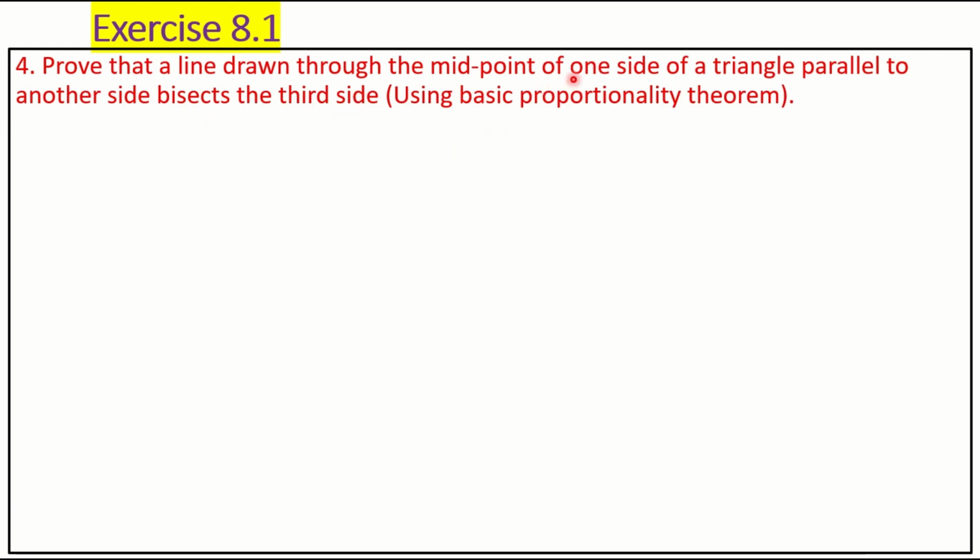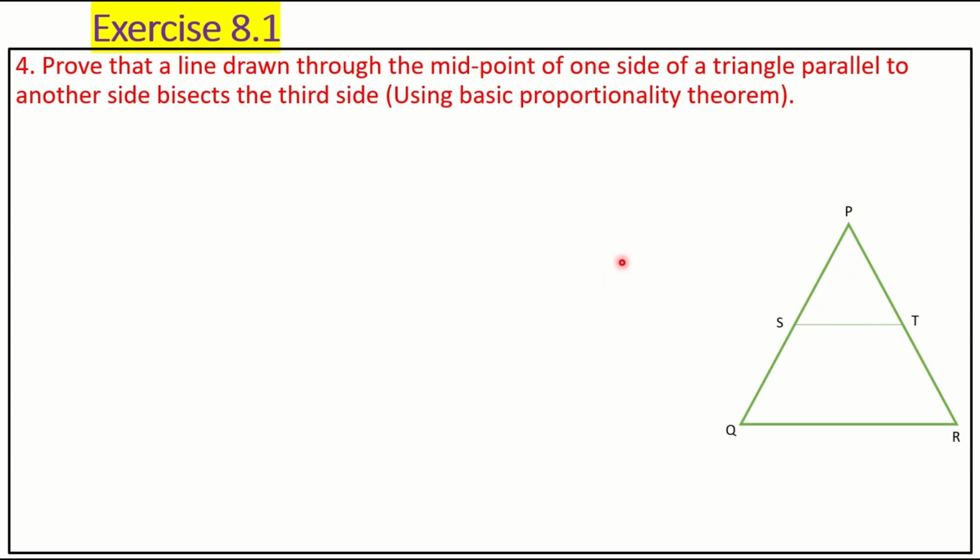Prove that a line drawn through the midpoint of one side of a triangle parallel to another side bisects the third side. This we have already proved, I think, before in the example. Basically, this is a reverse of the basic proportionality theorem.